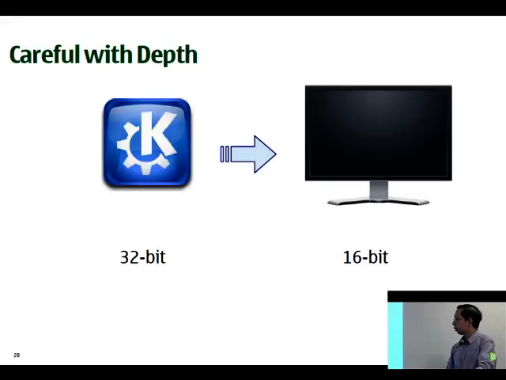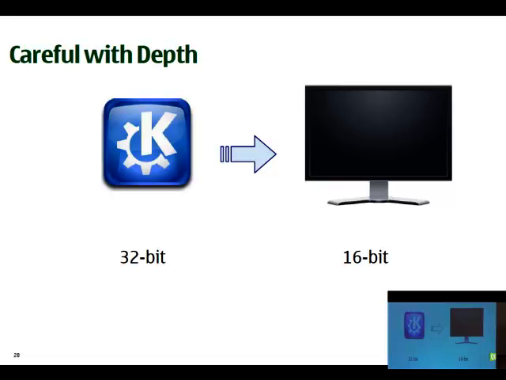Now, another interesting thing that might happen to your application is that you optimize a lot and then you bring it to some other platform. All of a sudden, it's just very slow. Then you do some debugging and you find out that the reason it is very slow is because the target display here is 16-bit. So you have a 32-bit image, a 32-bit pixmap, and you want to paint to this display, for example an embedded device display, which has only 16-bit.